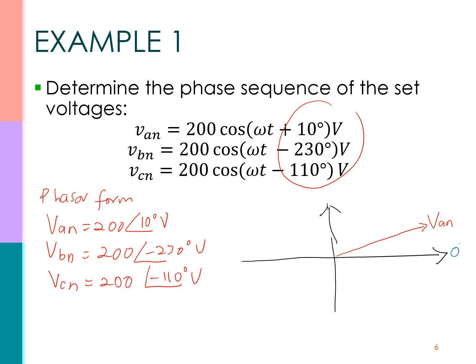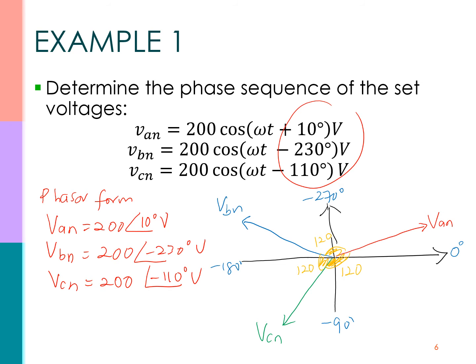We set 0 as the reference here, so this is 0, minus 90 degrees, minus 180 degrees, minus 270 degrees. Minus 230 degrees is located around here. This is VBN. And for VCN, minus 110 degrees is approximately here. One thing I want to mention is that each voltage is 120 degrees out of phase.